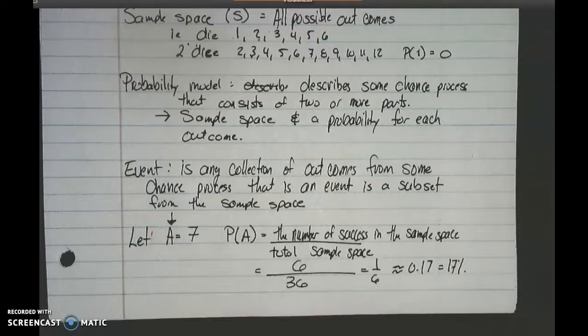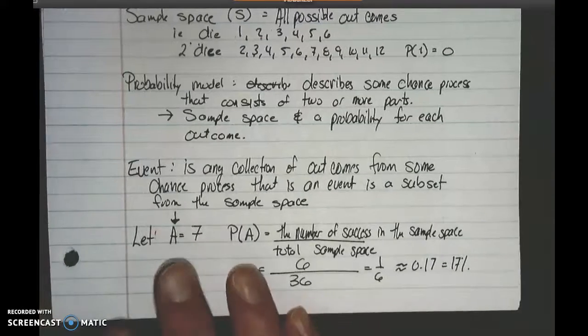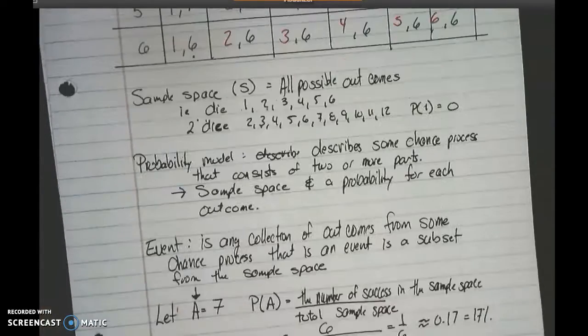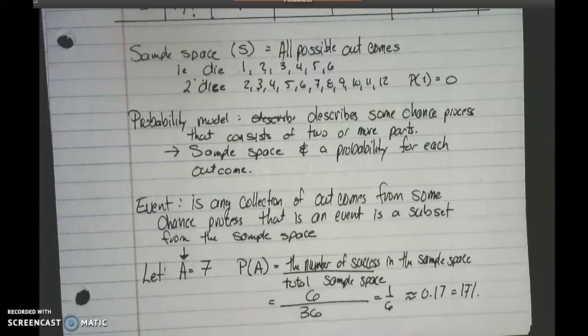So that's what we're going to be working with just to start off. What we want to do is come up with a couple different probabilities, and then I'll check with you. And then we'll use the dice in just a second.